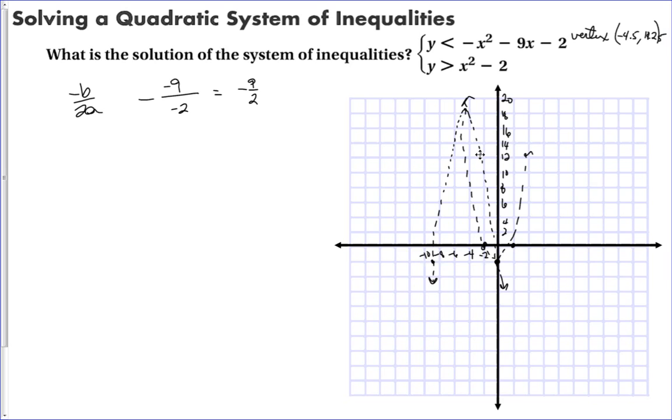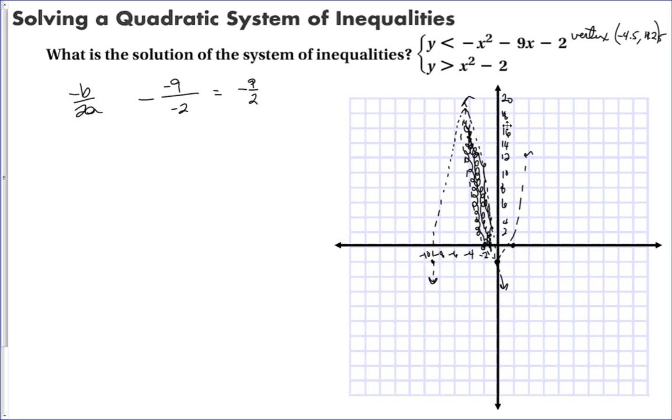So the answer to this solution is going to be everything in here, everything where these two graphs overlap. That is your solution set. So this one actually has many solutions, because they overlap. Not just one single number solves both of these inequalities.